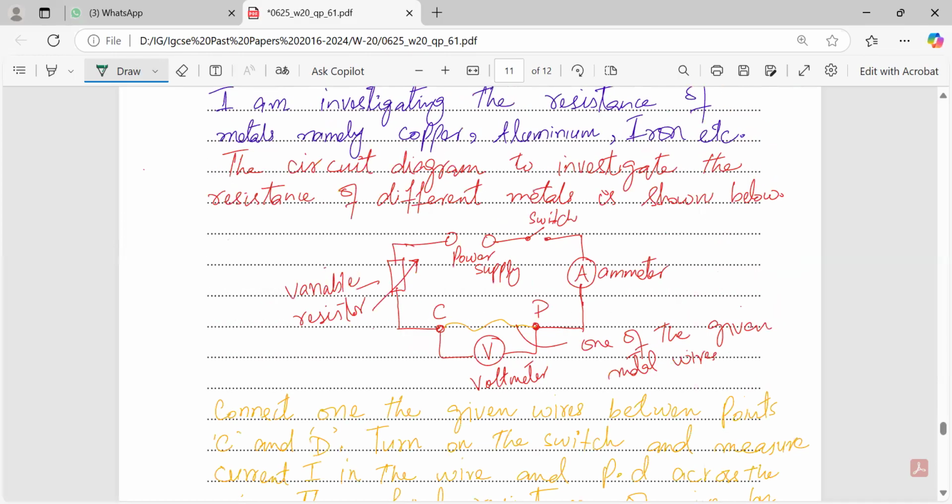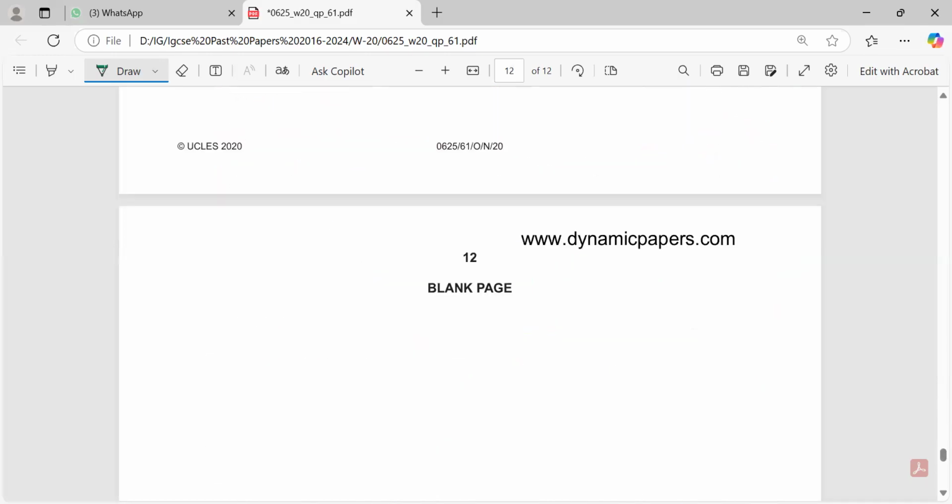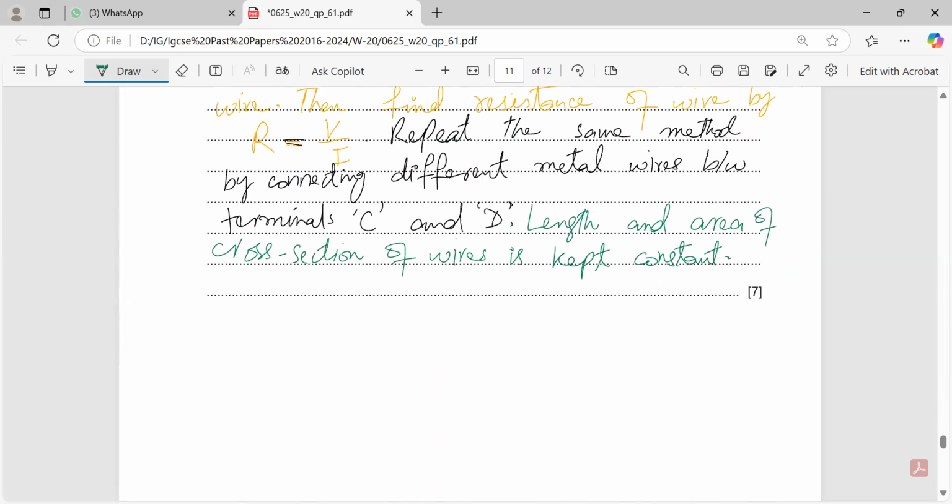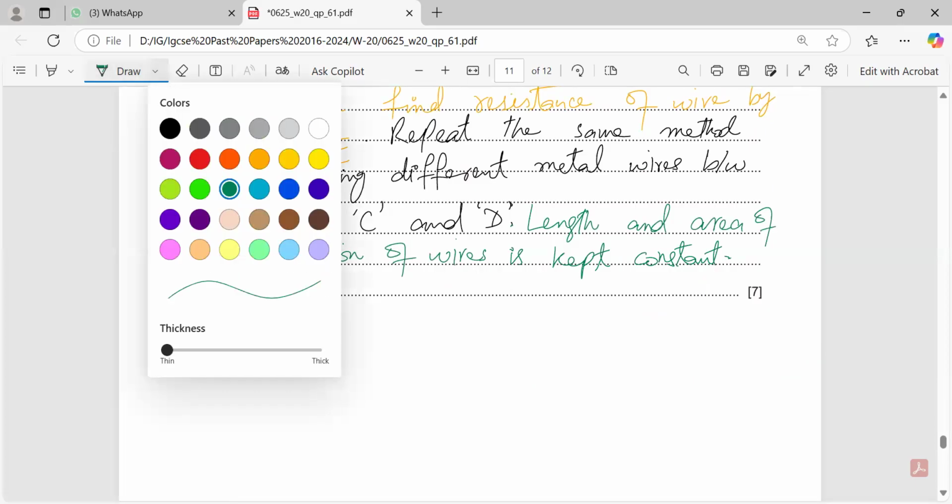Then, what is the last point? Of course, that is the table. So we are supposed to draw the table also here with column headings. In the table, the independent variable will be in the beginning.